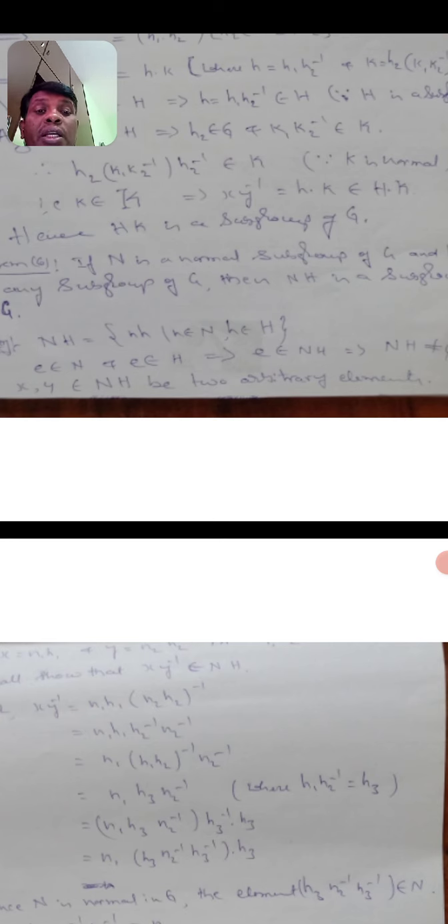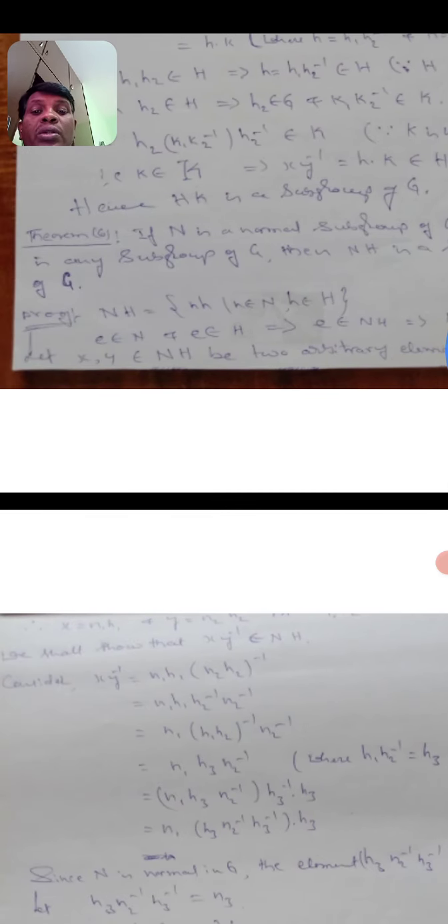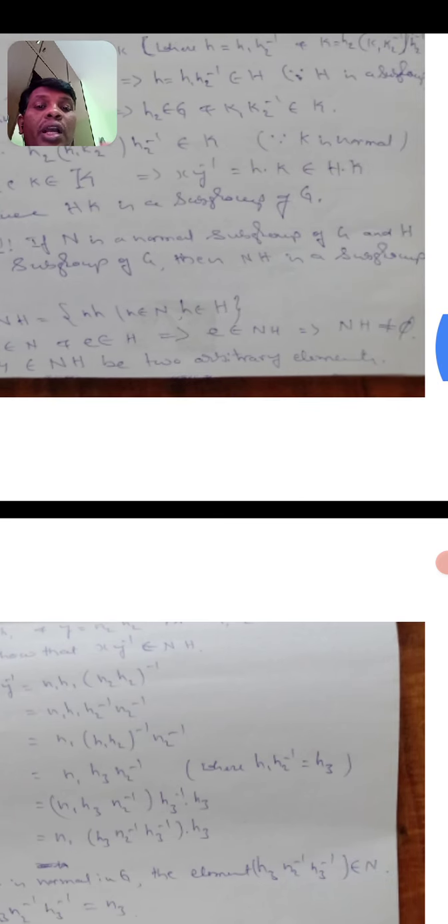It implies the set NH is non-empty, not equal to phi. So let x, y belong to NH be two arbitrary elements.